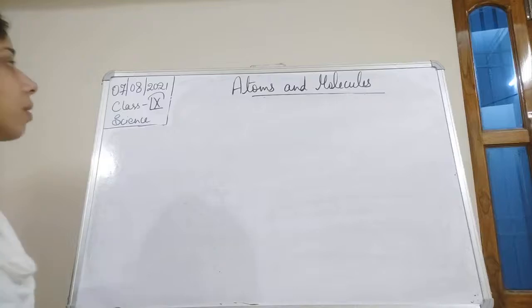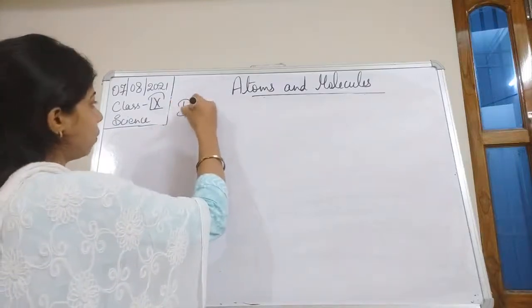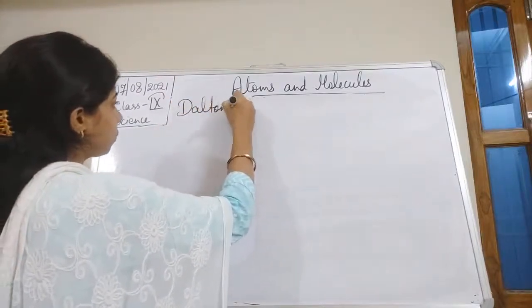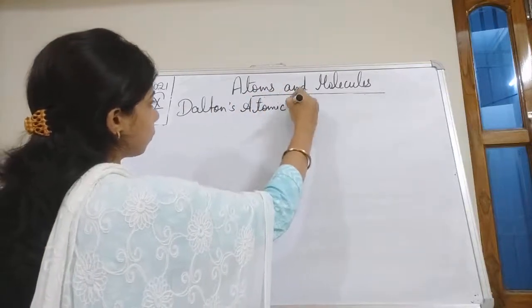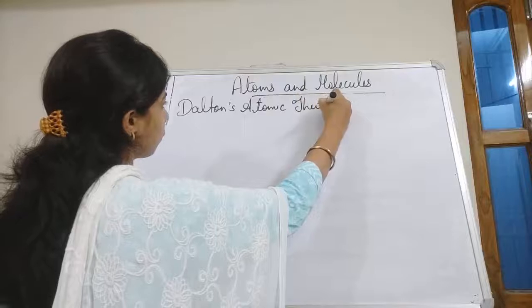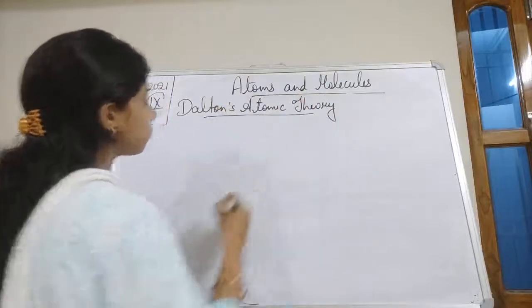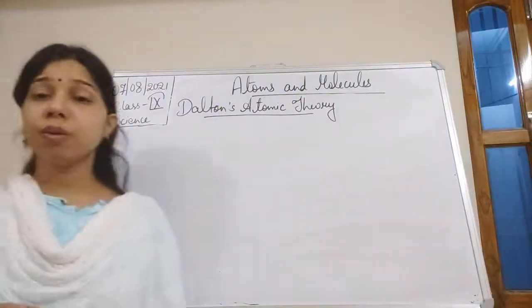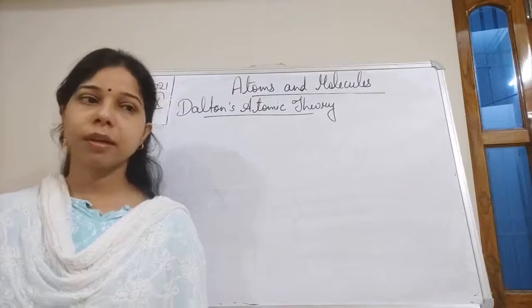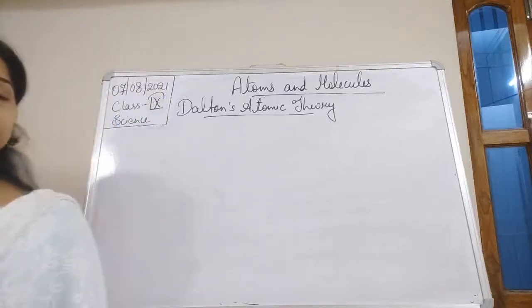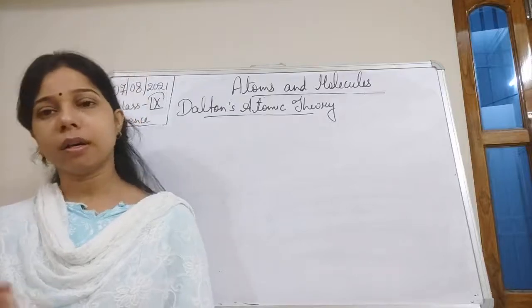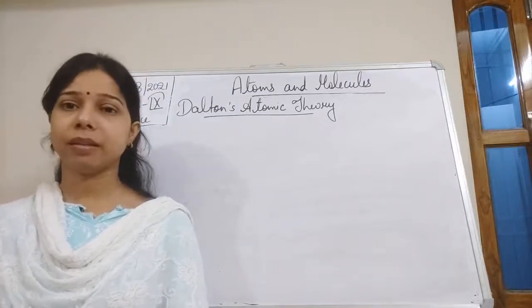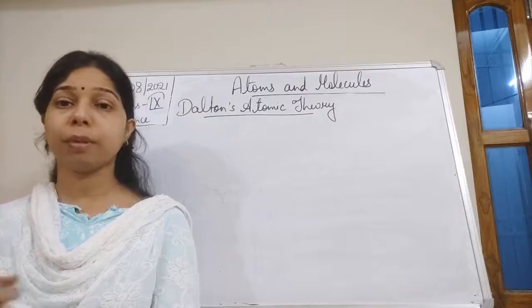Indian philosophers like Maharshi Kannan were there, and he had already explained about atoms, which they call Aru or Parmanu.